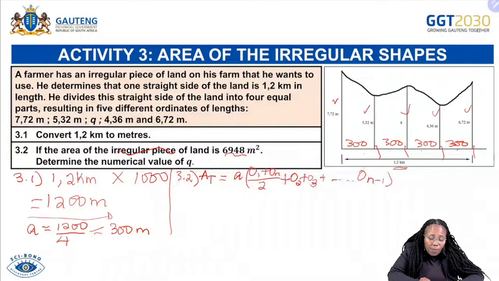Okay, here we are given the total area as 6,948 square meters, and the equal part is 300.